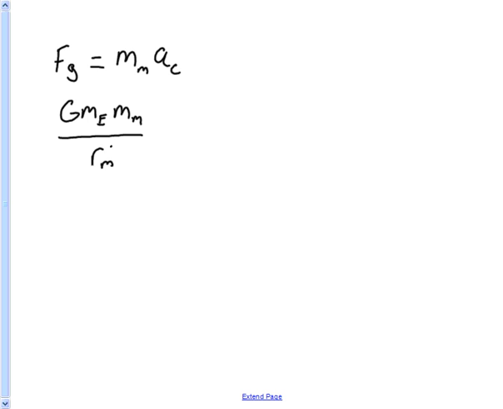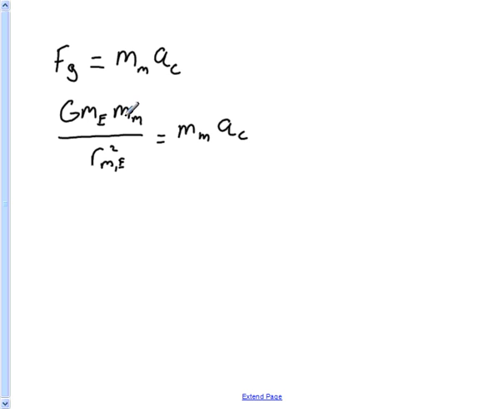So if we have that the force of gravity is equal to the mass of the moon times its centripetal acceleration, then what we have is big G, the universal gravity constant, times the mass of Earth times the mass of the moon divided by the distance between the moon and the Earth squared. This equals the mass of the moon multiplied by that centripetal acceleration.